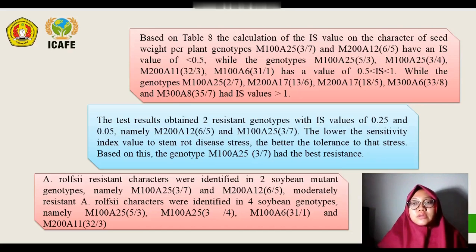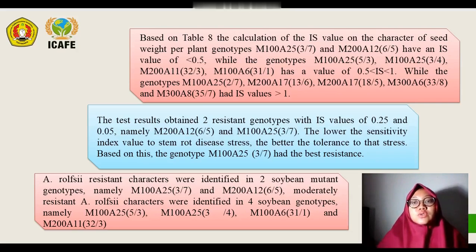According to Akbar, 2018, a low sensitivity index value indicates that the genotype tested under suboptimum conditions didn't show a large decrease, so it can be said that the genotype was resistant.